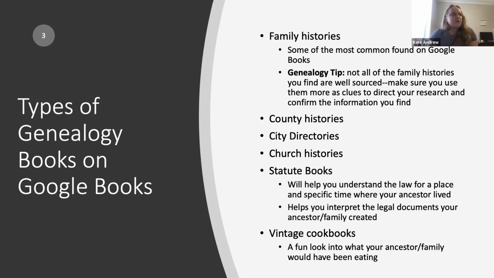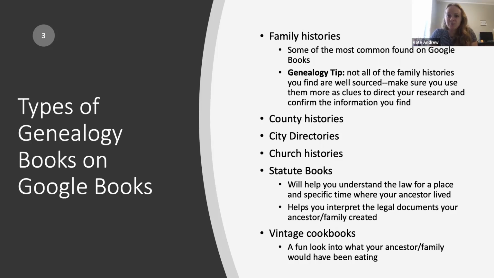Okay. So another kind of genealogy book that is useful on Google Books are county histories. In the Victorian era in the United States especially, from about 1860 to the mid-1910s, a lot of counties wanted to write down their histories and document the formation of their communities.